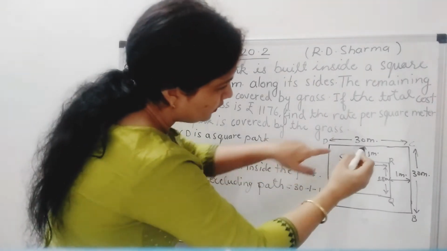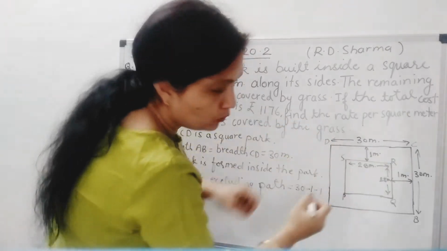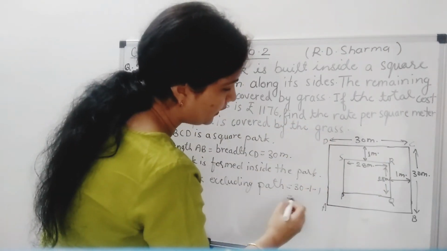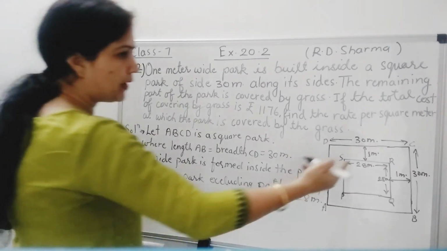How am I doing that? It was 30. Now the path is 1 meter wide, so I have to subtract 2. So you will get 28 meter. Okay, so the side of the park will be 28 meter.